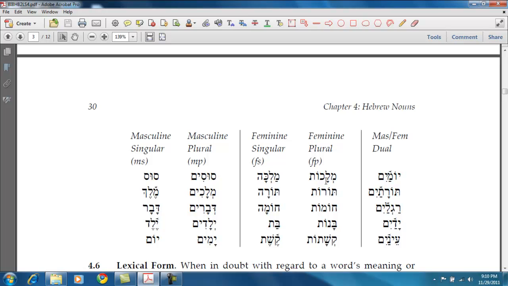And so you see the ot and the ah: ah for feminine singular, and ot for feminine plural. And then we have what is both masculine and feminine, the dual nouns, yomayim, two days.